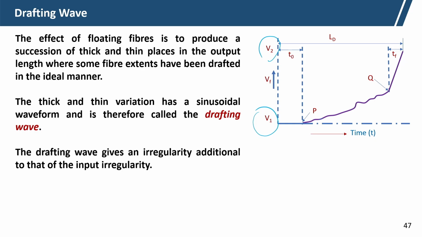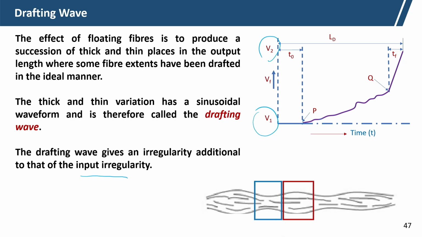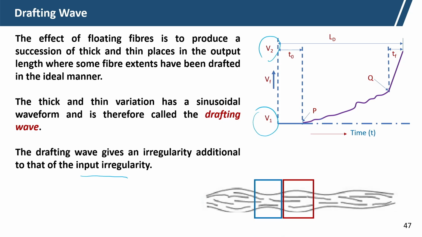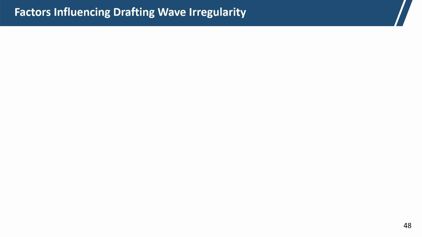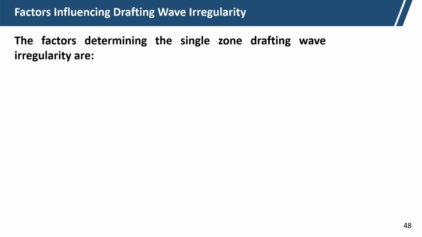The drafting wave gives an irregularity in addition to the input irregularity. The input irregularity is already there in the input material, and then the drafting wave adds to it. So, what are the factors which influence the drafting wave?